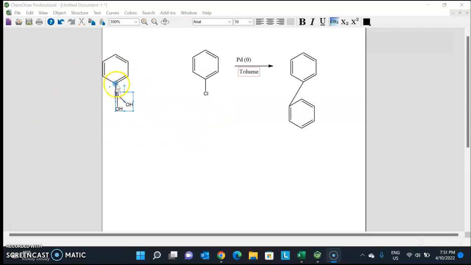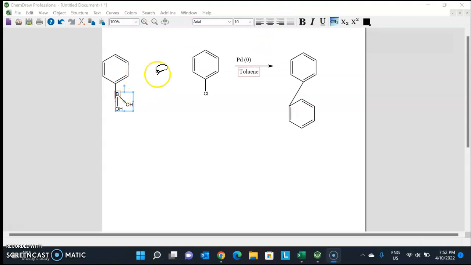And this would be prepared by taking an organolithium and reacting it with a boron oxygen compound, and that would give you a boronic ester, and then you can react that with water and get the boronic acid. So basically that's where we're at.